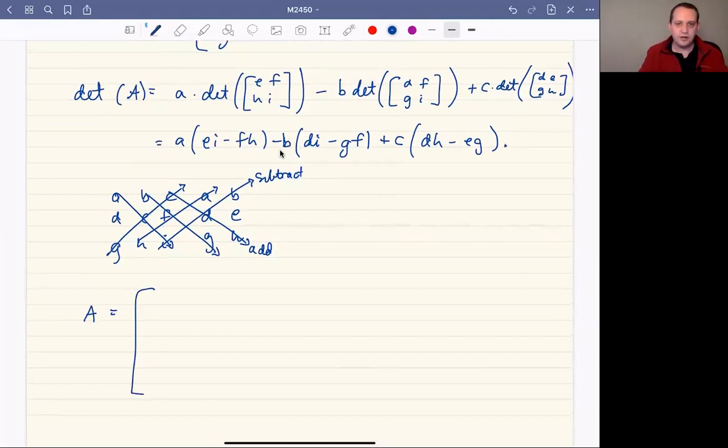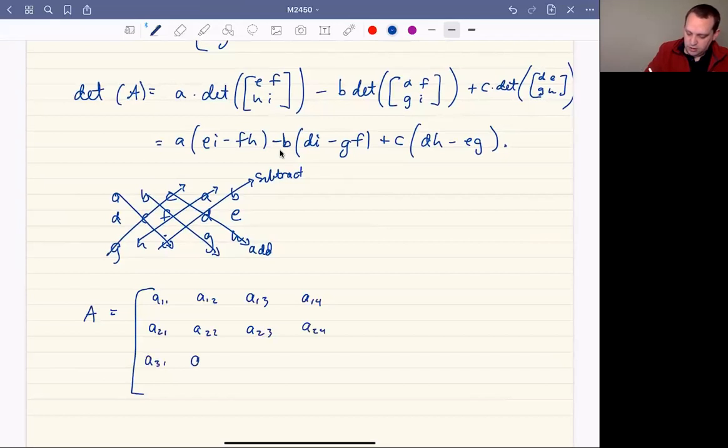So let's call these, I don't want to use A, B, C, and D anymore, but let's call these A11, A12, A13, A14, A21, A22, A23, A24, A31, A32, A33, and A34, and then A41, A42, A43, A44.